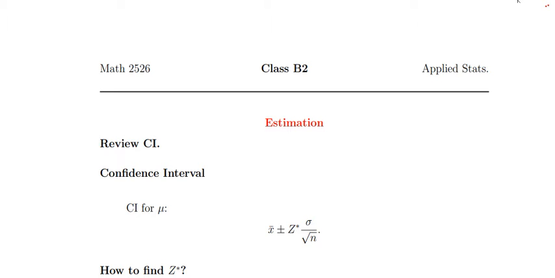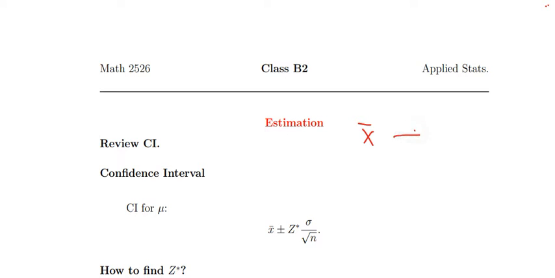So last class we discussed how to estimate a population's mu, a population average, from a sample mean.